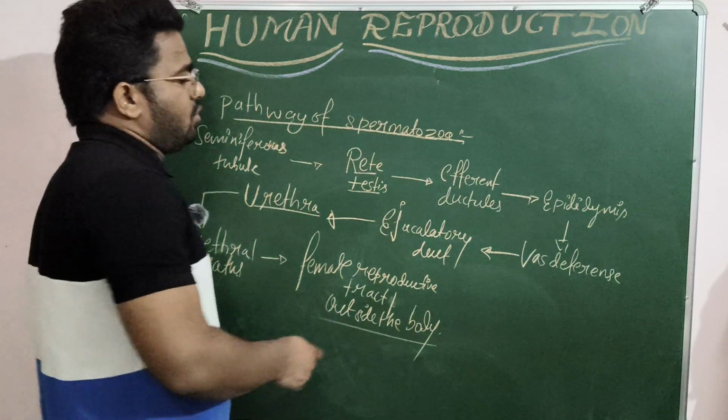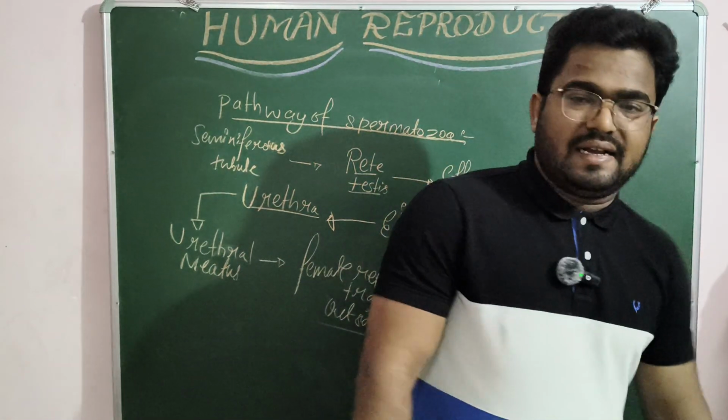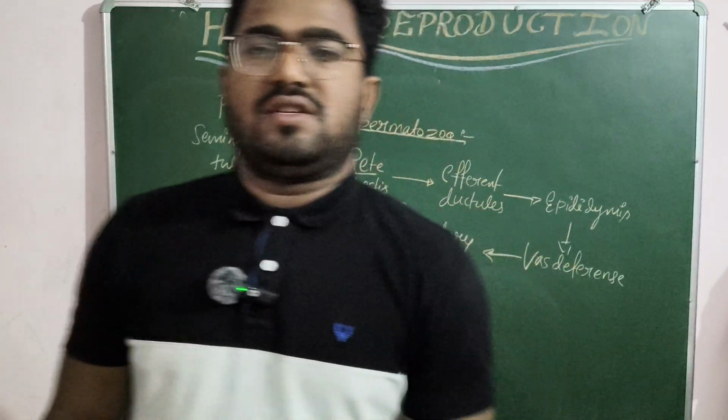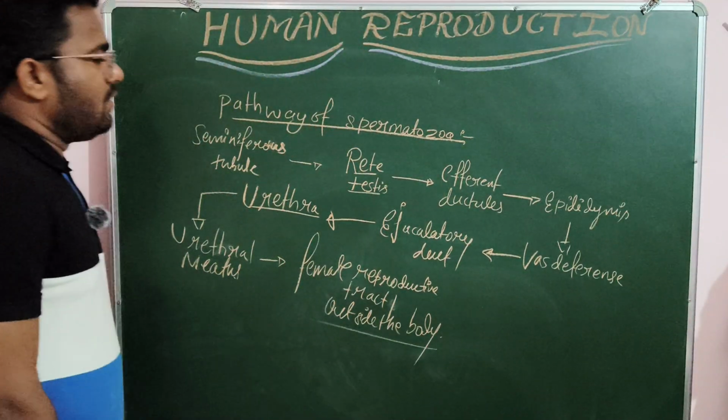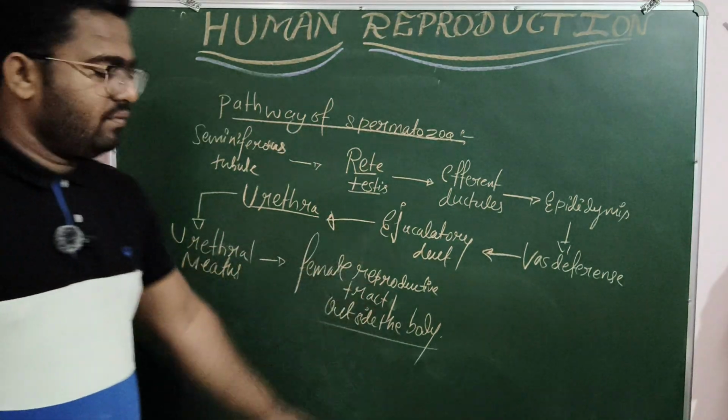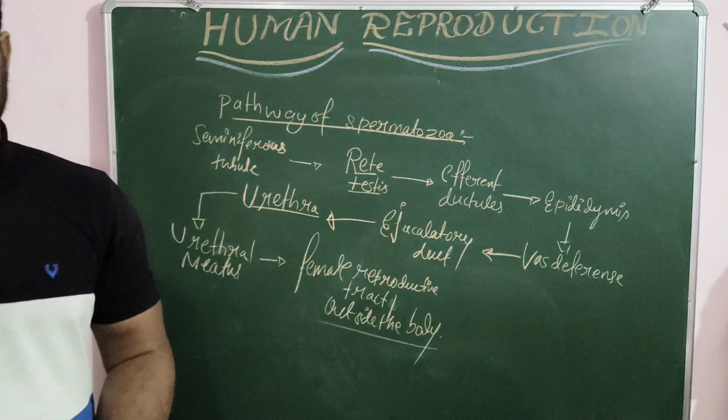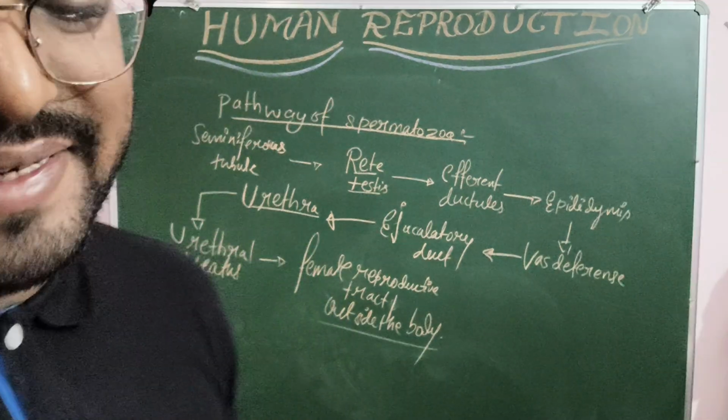This is the passage of male gamete from the testis to outside the body. You can remember this pathway, which is important. If you want, you can note it down.